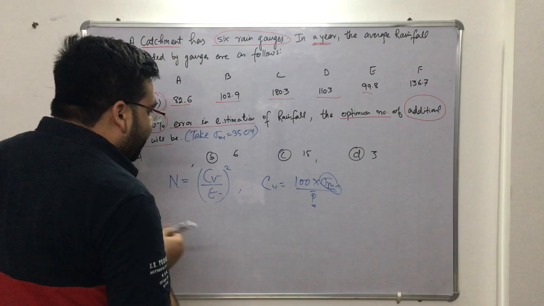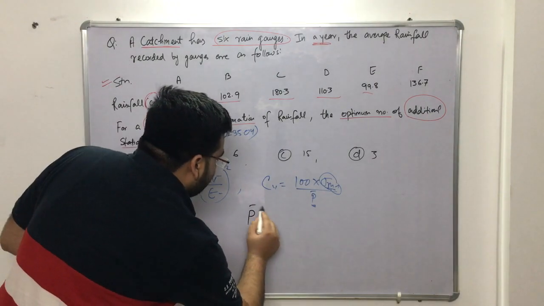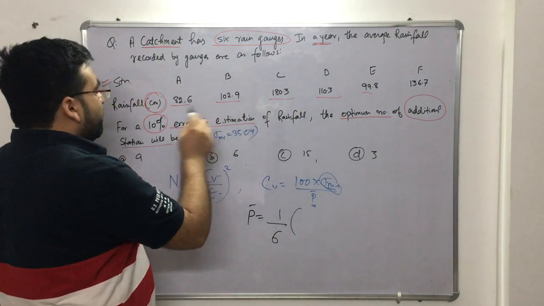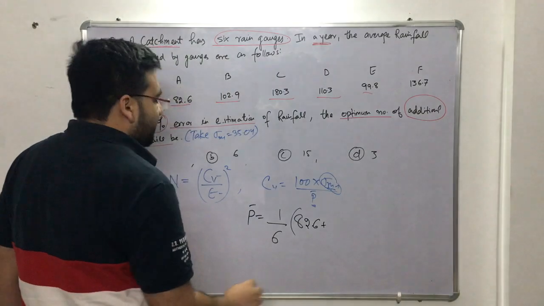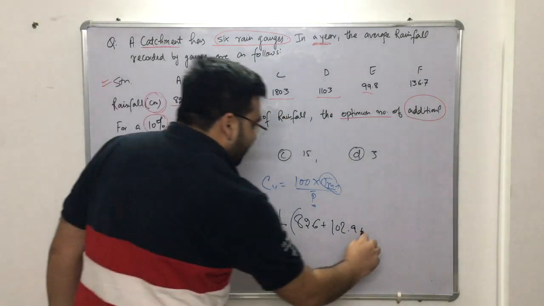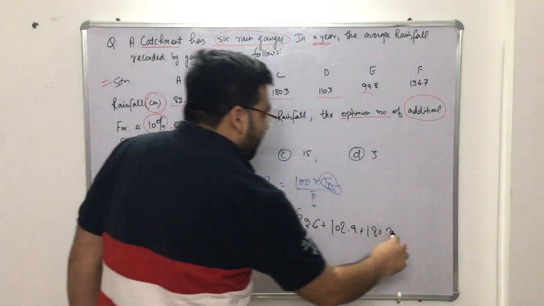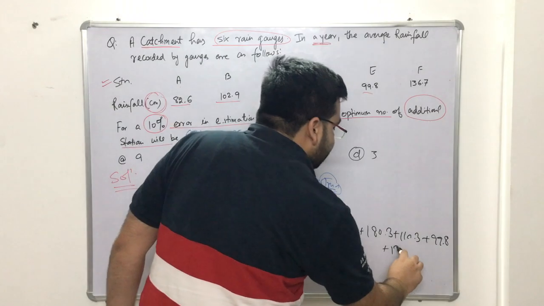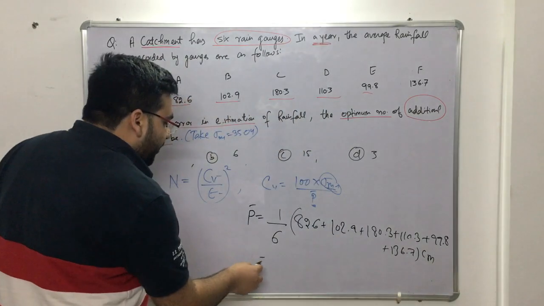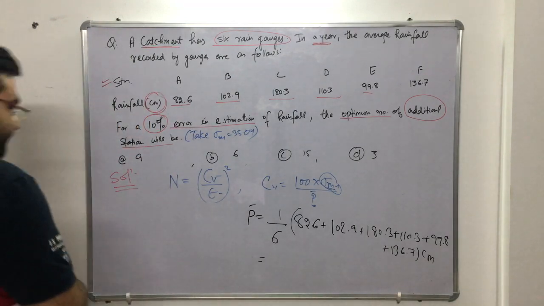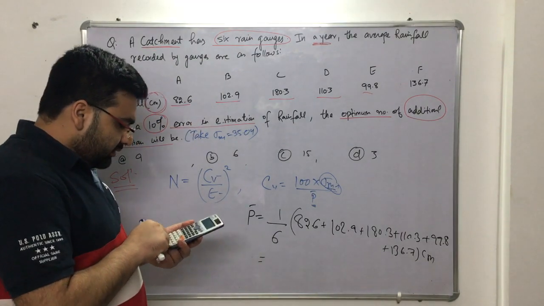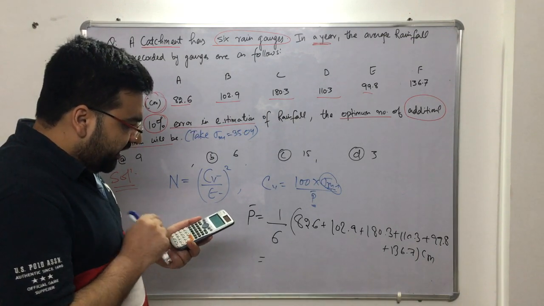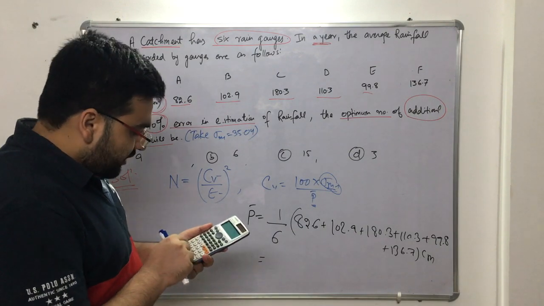You know that p bar is the average rainfall. The mean rainfall is given by, for 6 stations, P1 plus P2 plus P3 and so on: 82.6 plus 102.9 plus 180.3 plus 110.3 plus 99.8 plus 136.7 centimeter, divided by 6. I hope everybody has got the answer already. Let me calculate how much it comes.